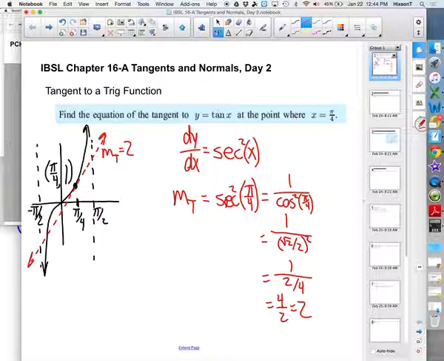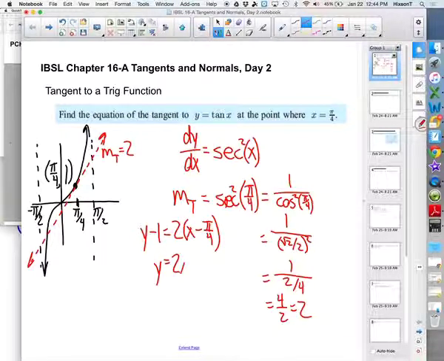Also now we have the point that we want, so we're going to use our point slope form. y minus the y coordinate, 1, equals the slope times x minus the x coordinate, which was pi over 4. Don't convert this to decimals or anything, just leave it as pi.